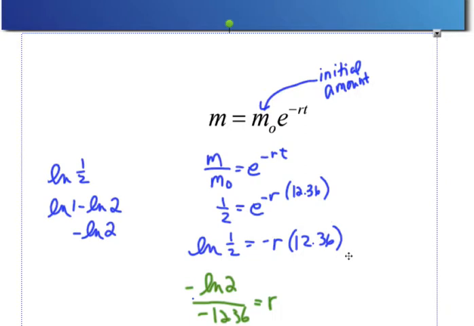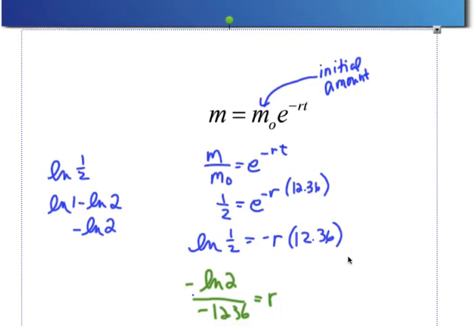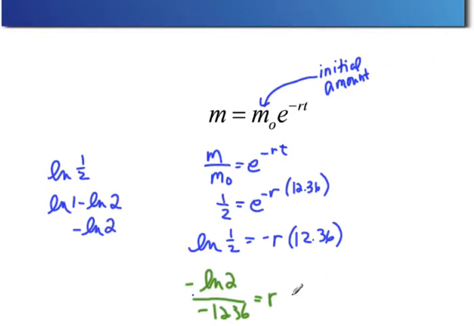So if I take the natural log of both sides, I get ln of a half equals minus r times 12.36, and I divide both sides by 12.36. When you do that, you will find that r, if you plug it into your calculator, is approximately 0.56.